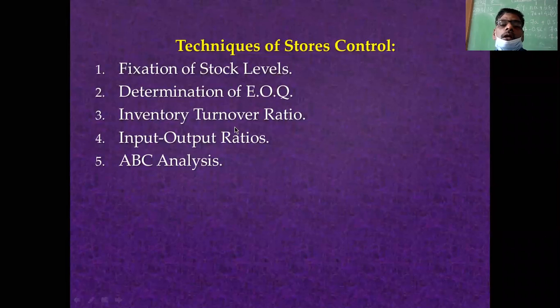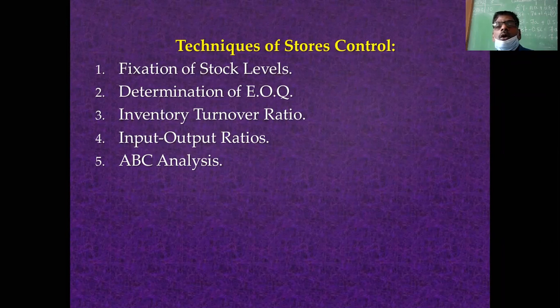Remember this. Inventory turnover ratio is the relation between how many times your inventory turns, comes and goes out of the godown in a year. How many times do you have to fill the godown in a year? That is called inventory turnover.